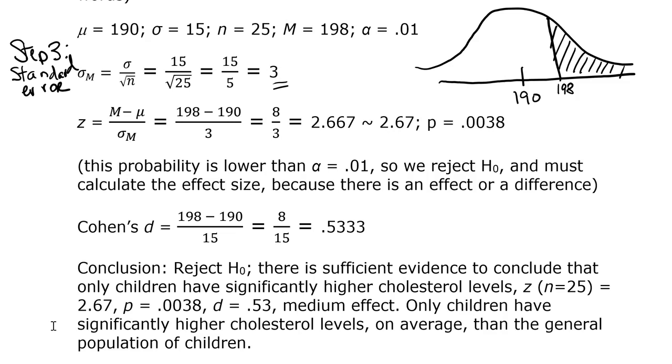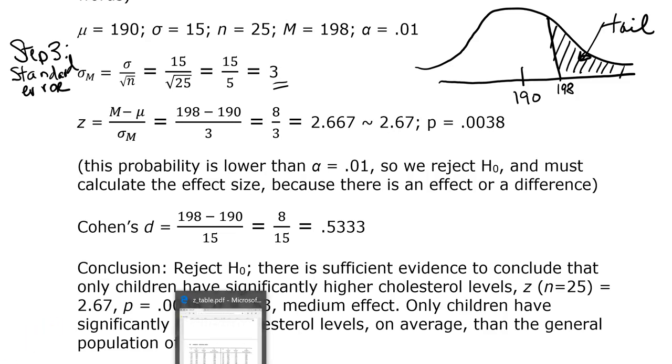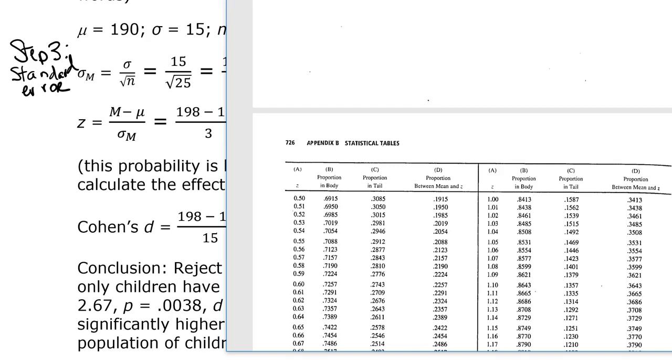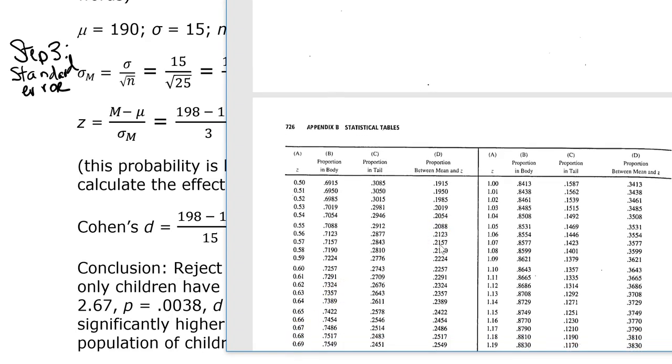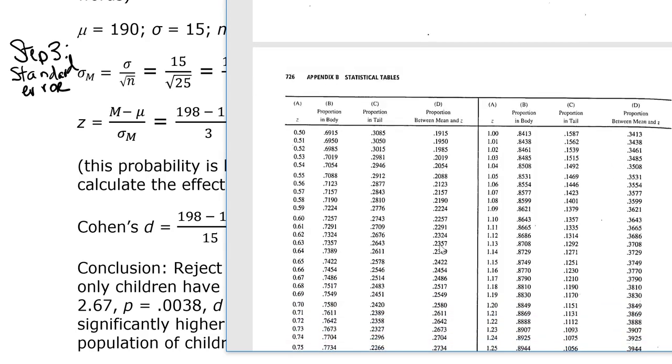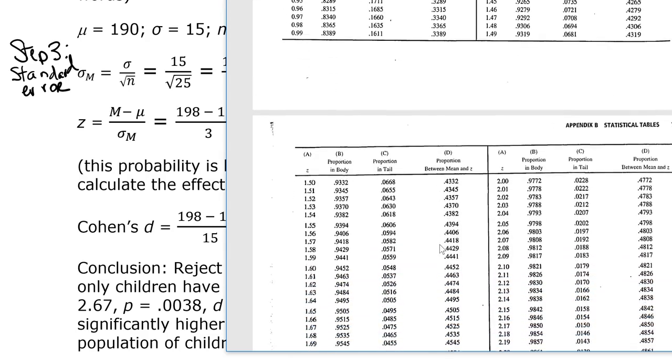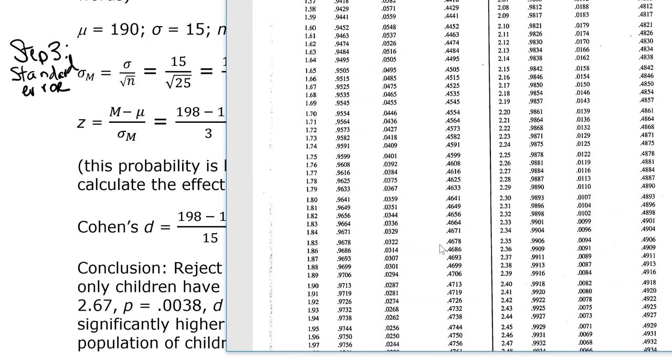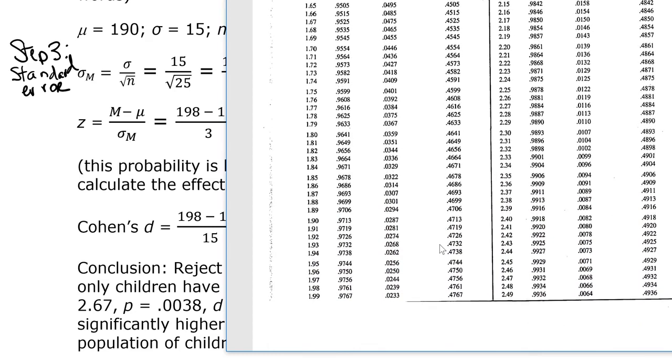All right, so now that we know we're in the tail, we can pop over to our z-table and look up 2.67 to see what the area is. What's that area in the tail? So remember our z-table. Let's go to 2.67. Scroll down, scroll down, scroll down.